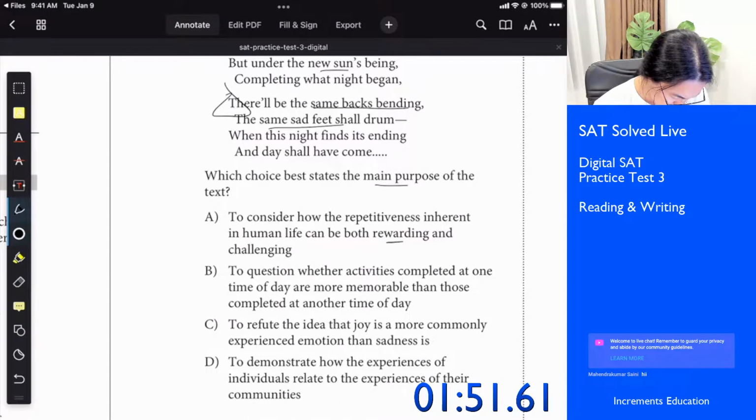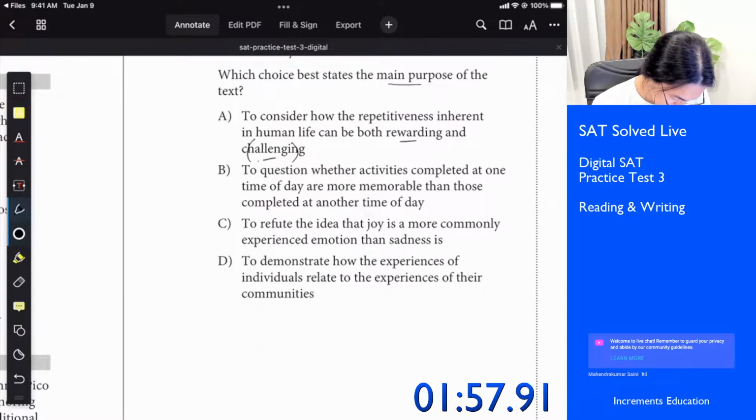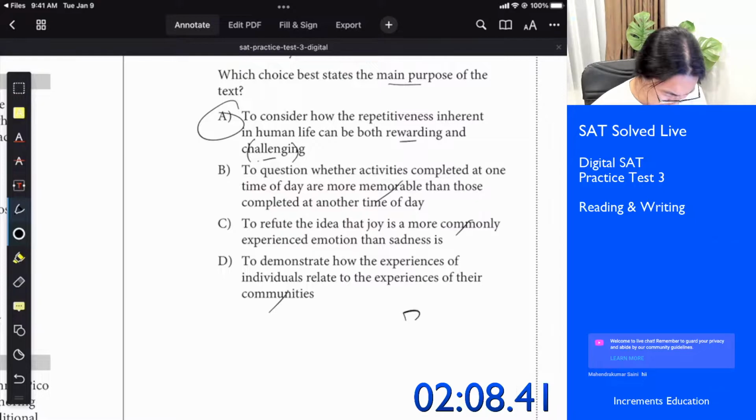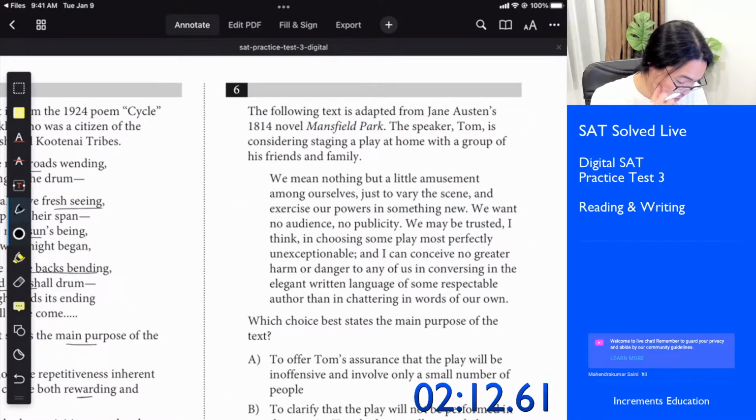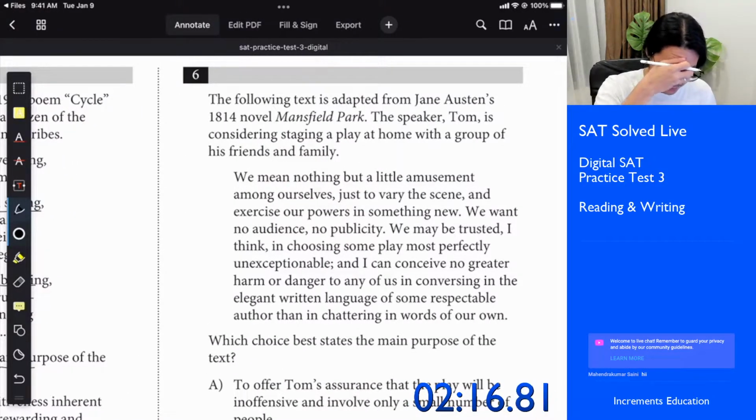Rewarding and challenging? Joys. Oh my God. I don't know if I like that wording, but okay. It's the only one left after process of elimination, so sure. It's kind of a weak wording, personally.